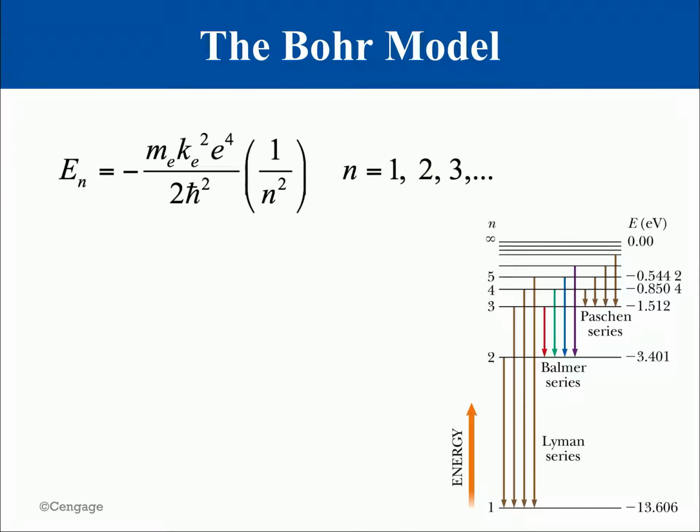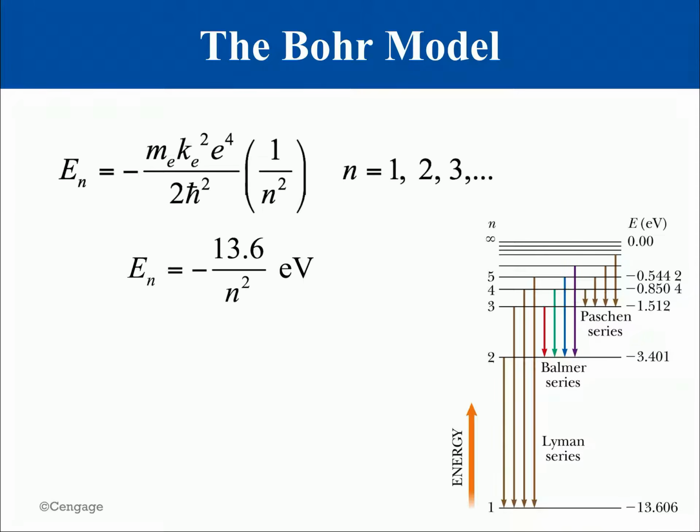So if we want to find energy, right? So here is an expression for the energies of the quantum states. If we substitute numerical values, we get this result right here, right?